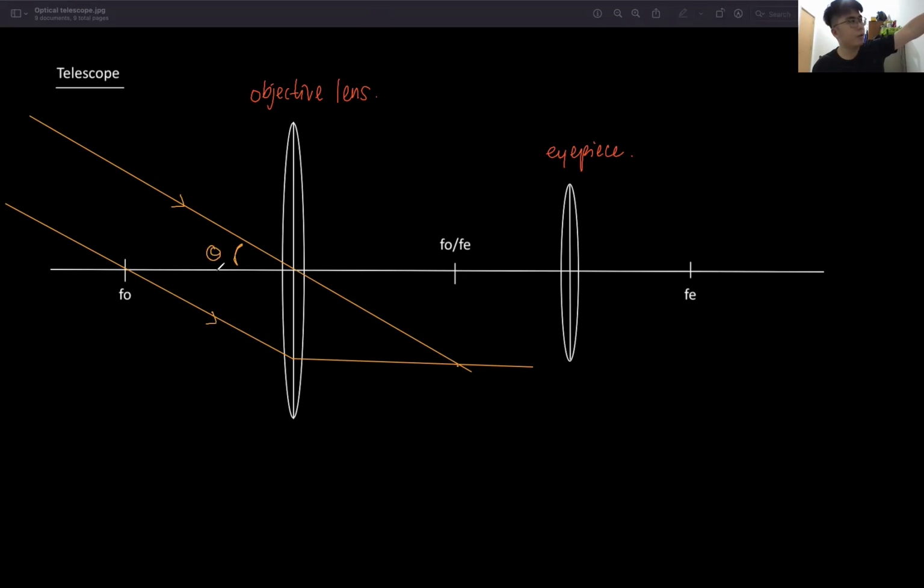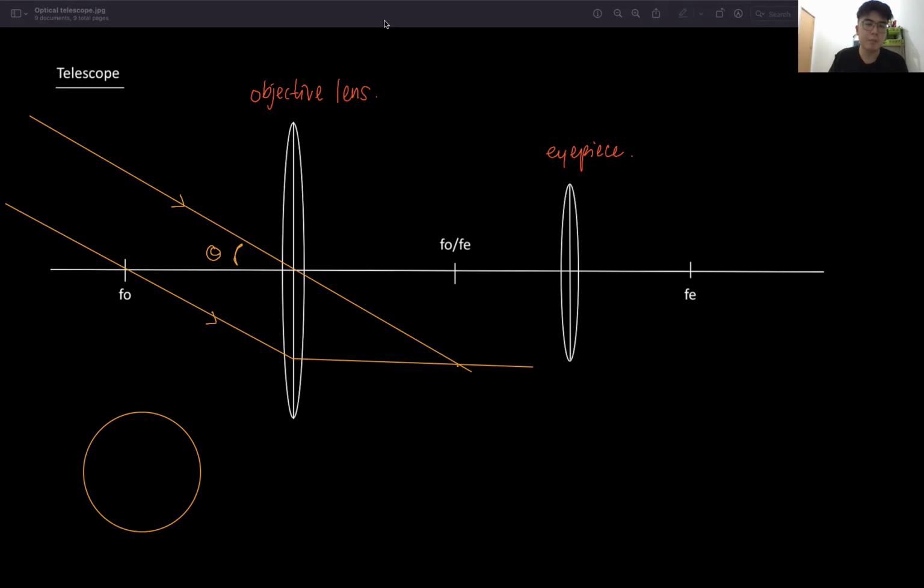Why do we draw it like this, at an angle? Because the object is very far, and usually objects are very large, like the moon. The first thing, light rays from infinity must be parallel. So that is why we have parallel light rays.